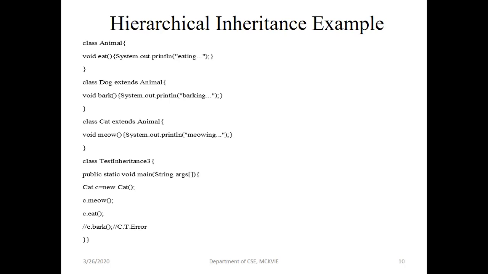The second class is class dog, which is extending class animal. And the third class is cat, which is also extending class animal. So here animal is class A, dog is class B, cat is class C, as per the pictorial representation of hierarchical inheritance.